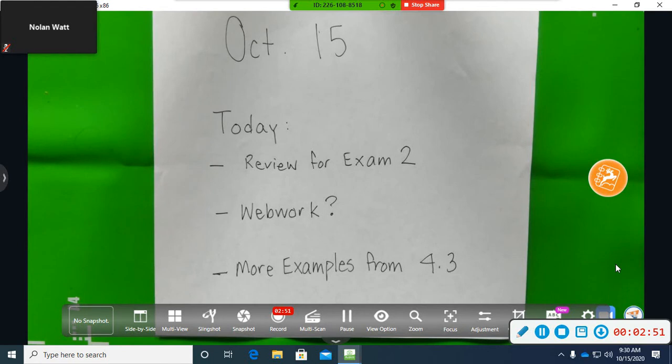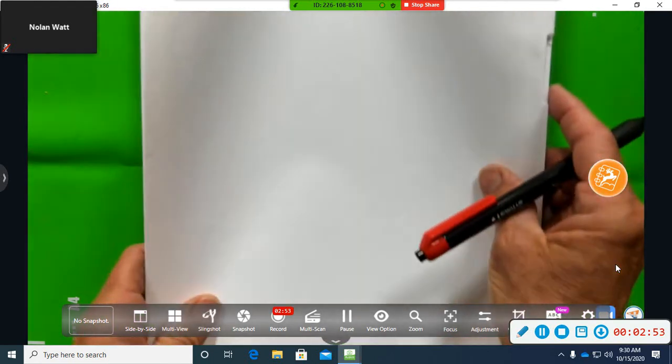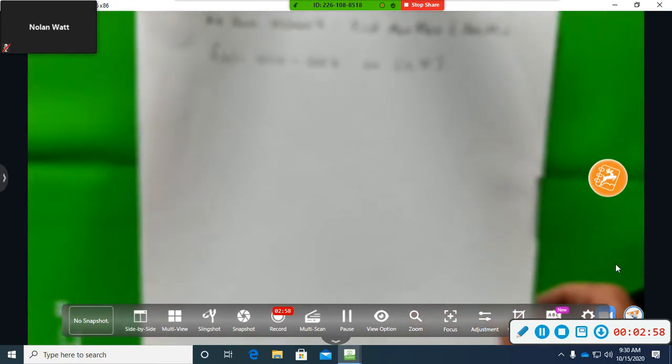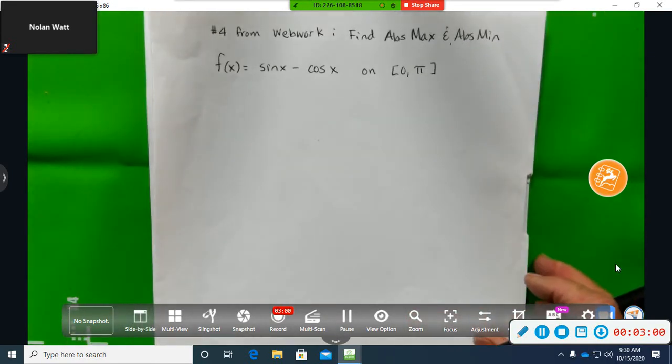Okay, so we're starting with WebWork. And the question is, for this particular function, find the absolute max and the absolute min.